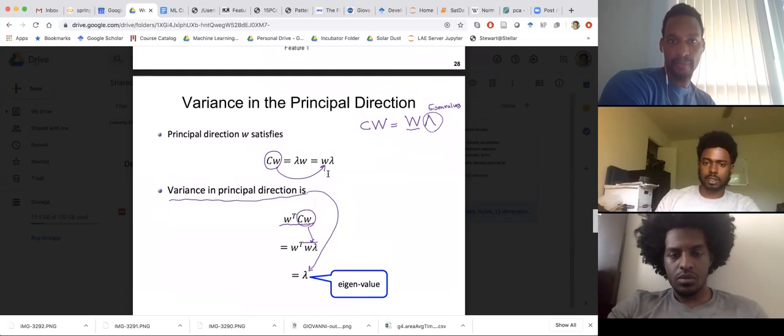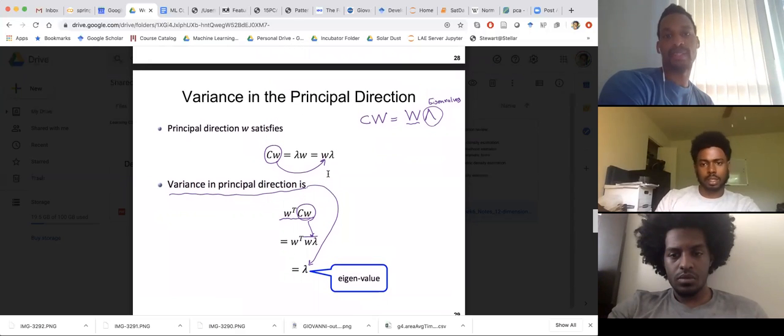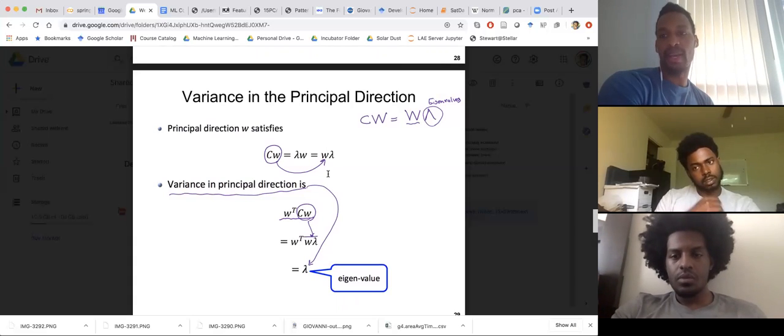Does that make sense? Well, this is kind of the crux of it, right? Because we started with the problem of solving this maximization function, and we're saying this is how you get that maximum value. It has to be the highest eigenvalue.